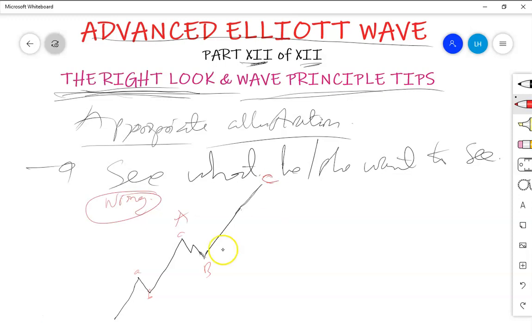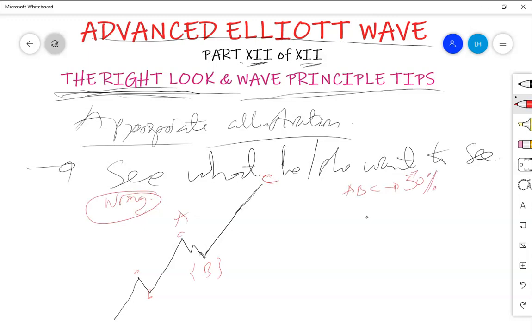So now the trader here will be wrong. Why will it be wrong? Because in an ABC structure, the first thing is that, in most cases, wave B must retrace deep, up to at least 50%.